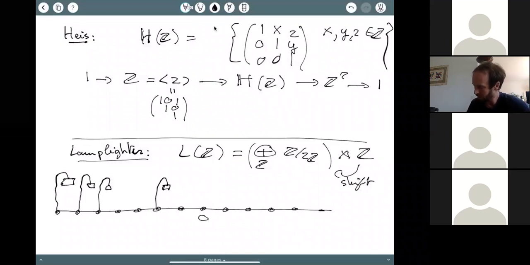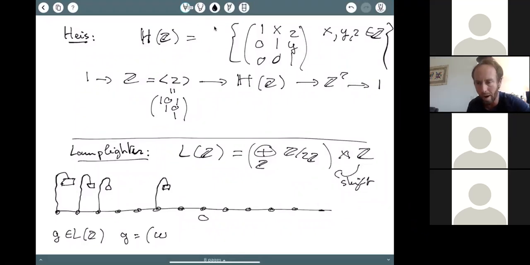Let's say that the position is 0. An element is going to be a pair of two things. It's going to be omega, which is a sequence of 0 and 1, indexed by Z, and an element m. The idea is that somewhere lies a lamplighter, at a certain position m.